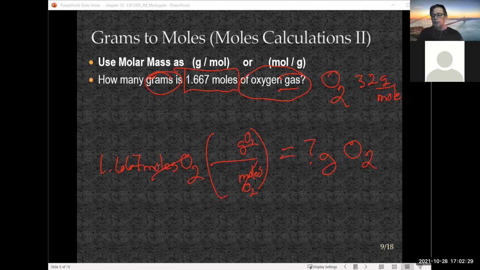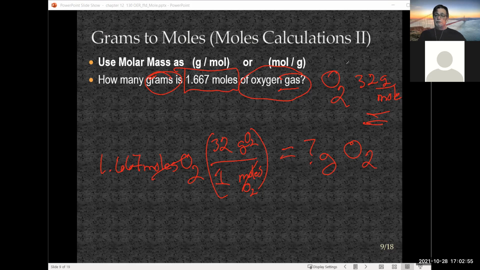Now it's a matter of putting in the correct number. And grams per mole, that's molar mass. So in this example, yes, I'm using molar mass and specifically 32 grams per 1 mole. Okay. And now I go ahead and I plug it in the calculator.